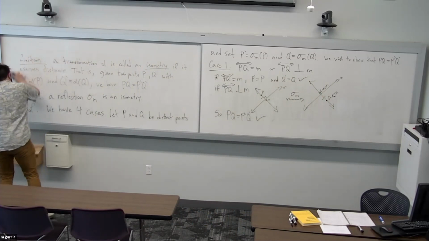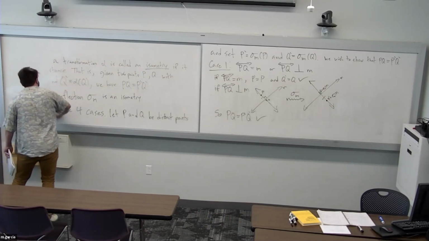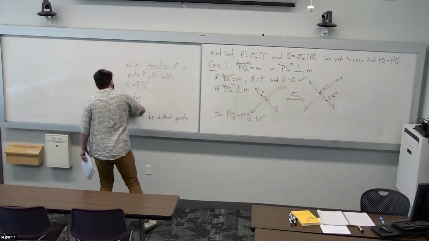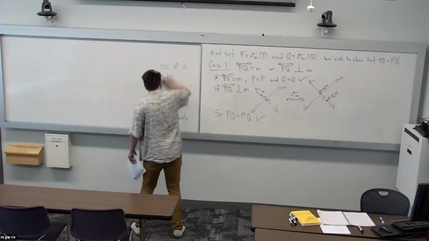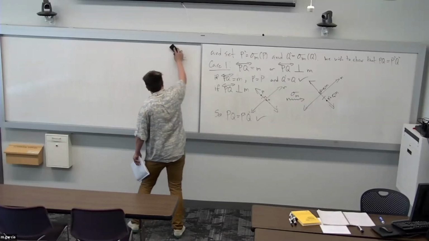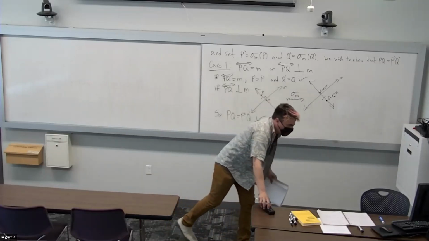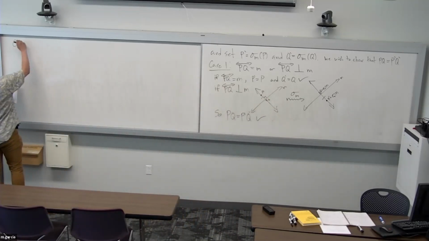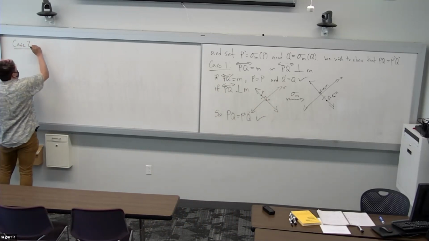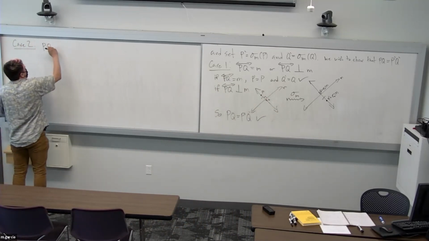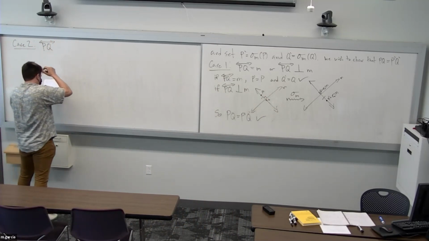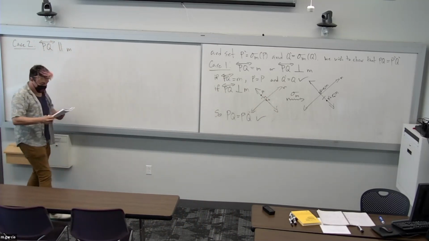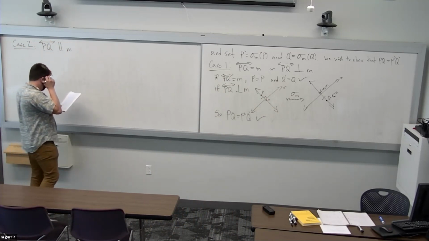Now, let's look at the more interesting cases. So, let's say it's 2. Now, the line determined by PQ is parallel to M. Okay?